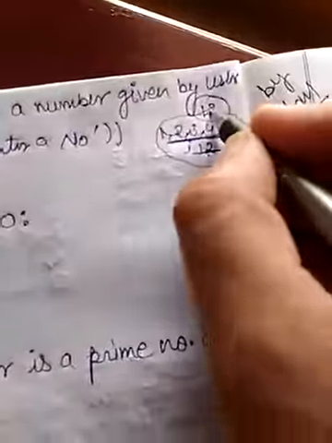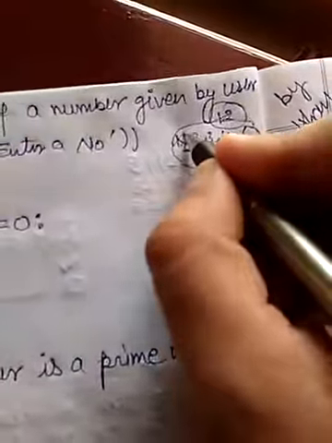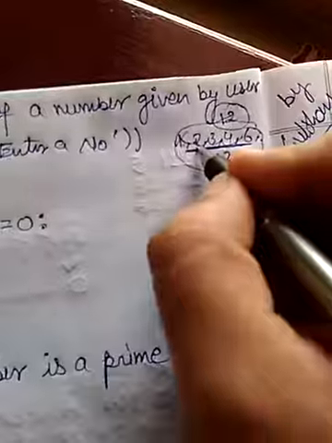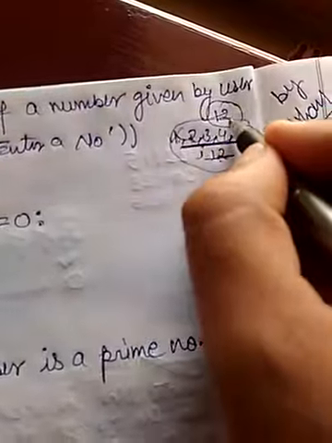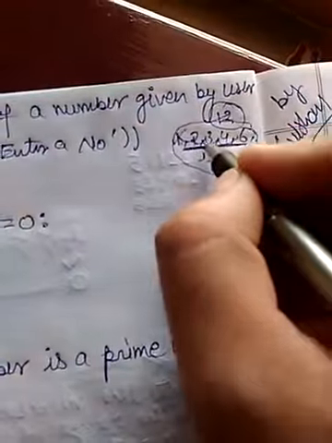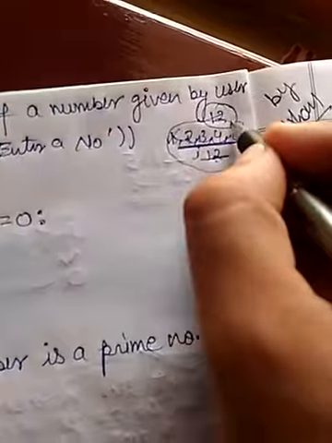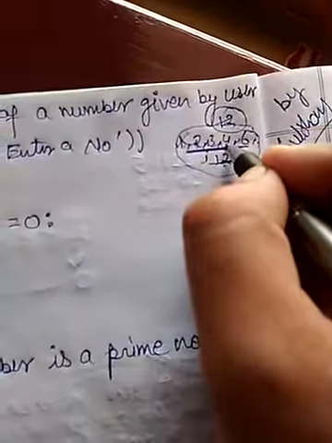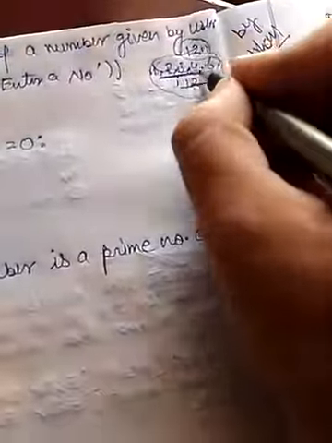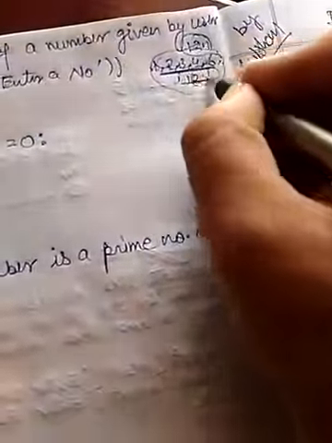If 12 is divisible by 1, then 1 will be a factor. If 12 is divisible by 2, then 2 will be a factor. Likewise, 12 is divisible by 3, then 3 will be a factor. 12 is divisible by 4, then 4 will be a factor. In this way, if n is divisible by I, then I will be a factor.